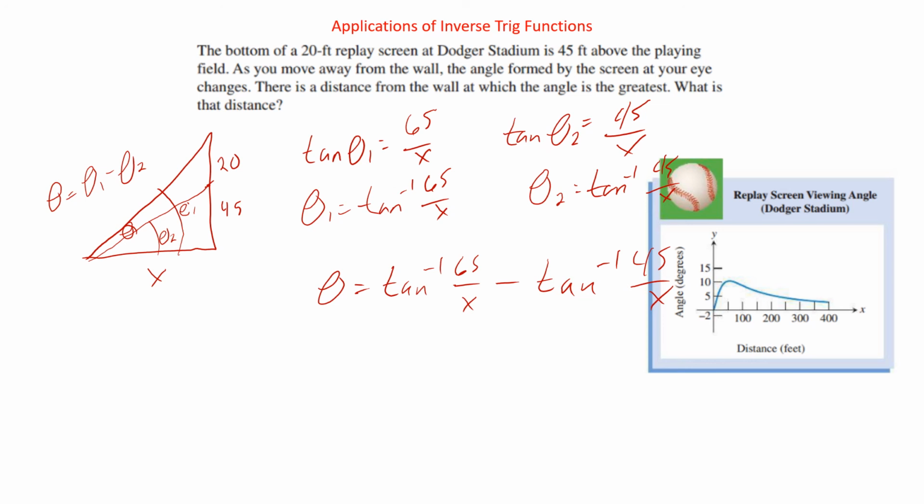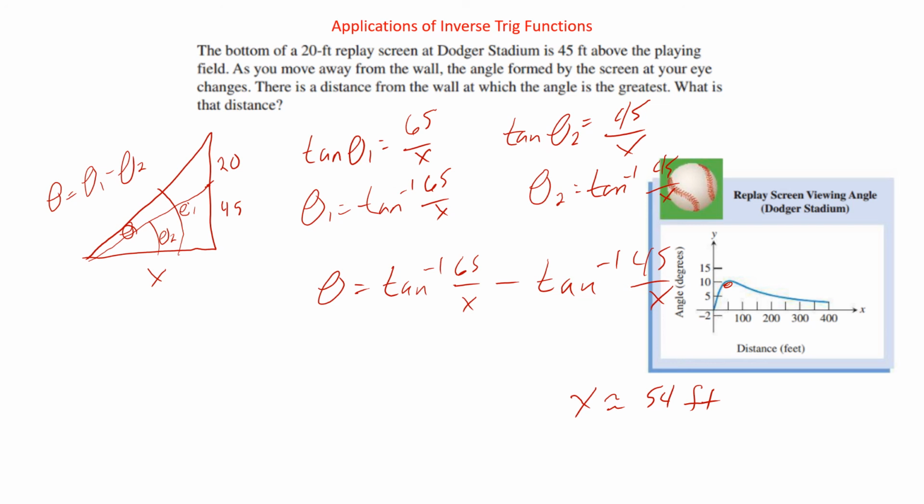And then with whatever we graphed on, whether it's Desmos or a graphing calculator, it could be anything, we just use those graphing features to find the maximum, and it turns out to be about 54 feet. That will give you the maximum angle that you have to look in, like to see the jumbotron.